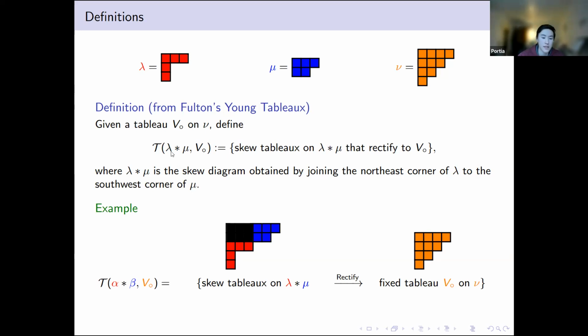This lambda star mu notation means the skew diagram you get if you join lambda and mu together so that the northeast corner of lambda is touching the southwest corner of mu, like so. So you take lambda and mu and position them like this to make a skew diagram. This set is all the skew tableau on this shape, lambda star mu, that rectify to a certain fixed tableau v naught on nu. Okay.